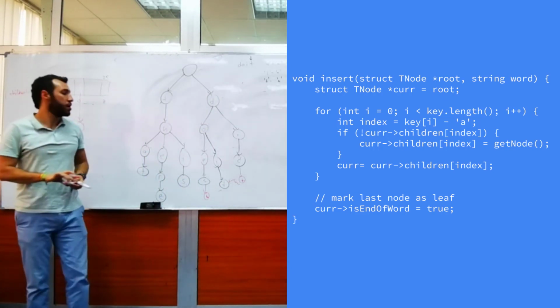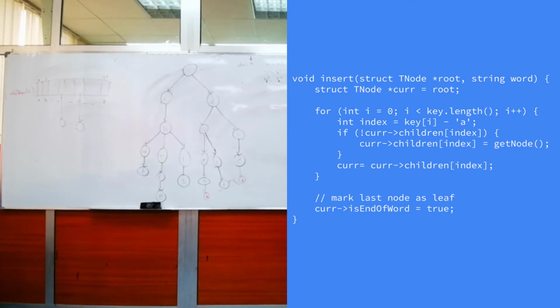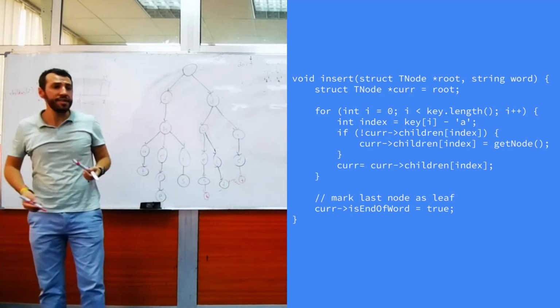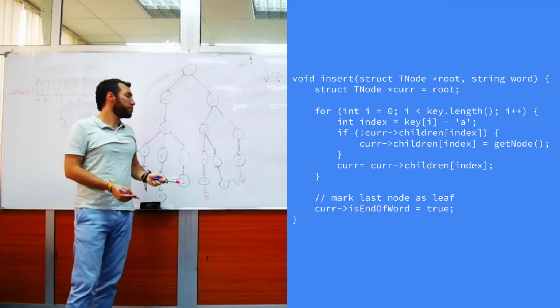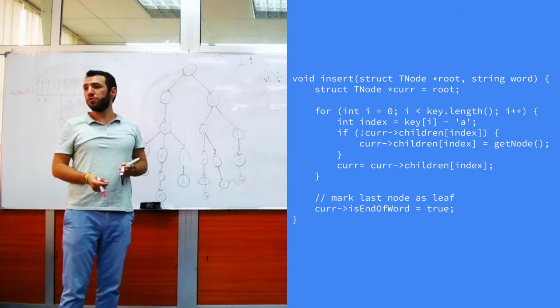At this point I put the dot over here, because after finishing execution of this for loop, my word is already inserted into the trie. So now it's time to execute the end of the word. And once I do that, I am done with insertion of the word.